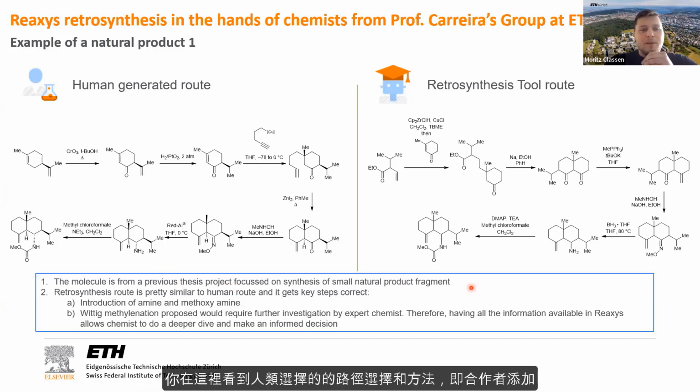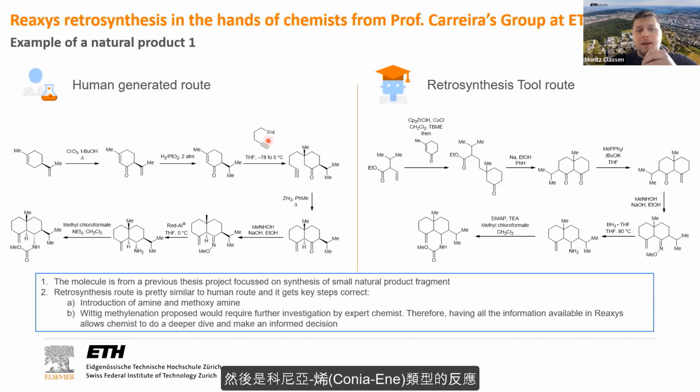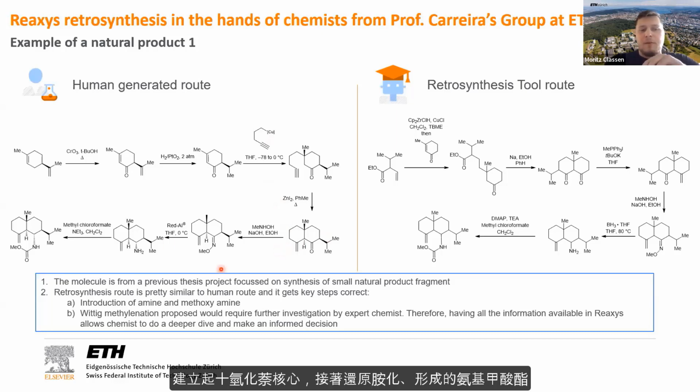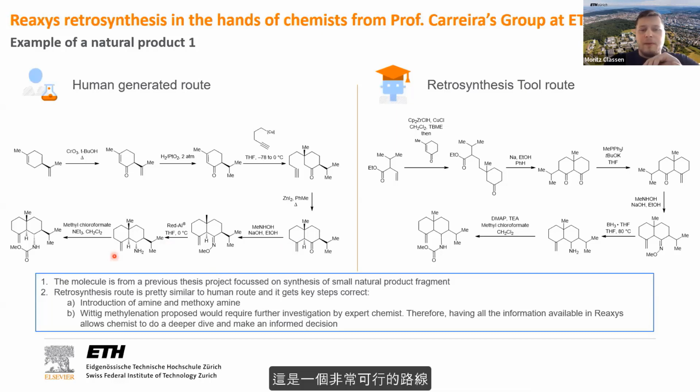We see here that the human-generated route chooses an approach where a cuprate addition followed by a Conia-ene type reaction builds up the decalene core, and then reductive amination and amide formation or carbamide formation leads to the desired product. Again, I would say this is a very robust route that quickly leads to the final product here.